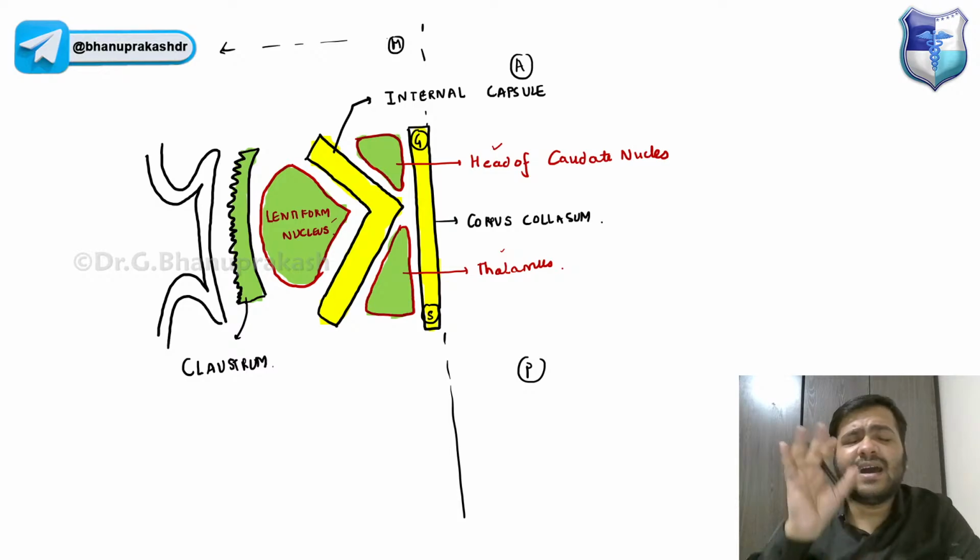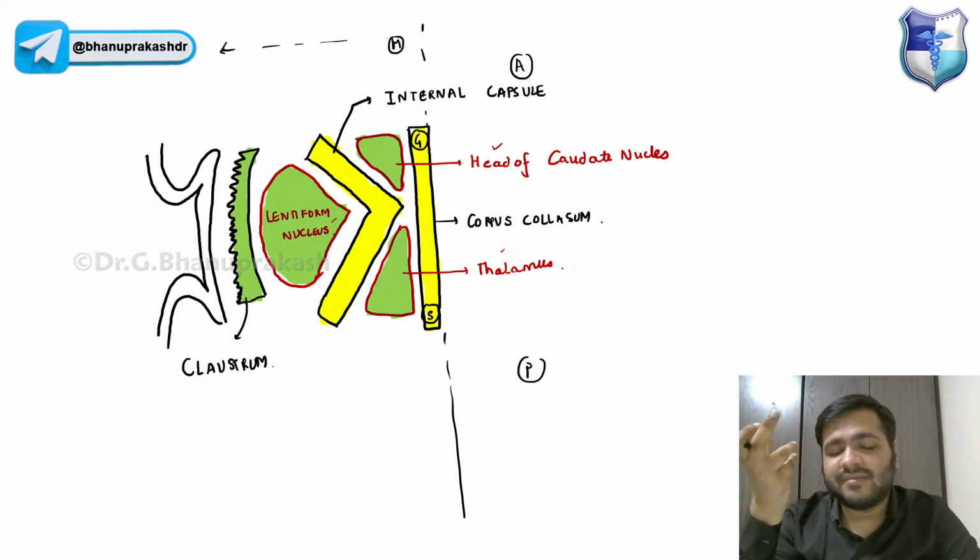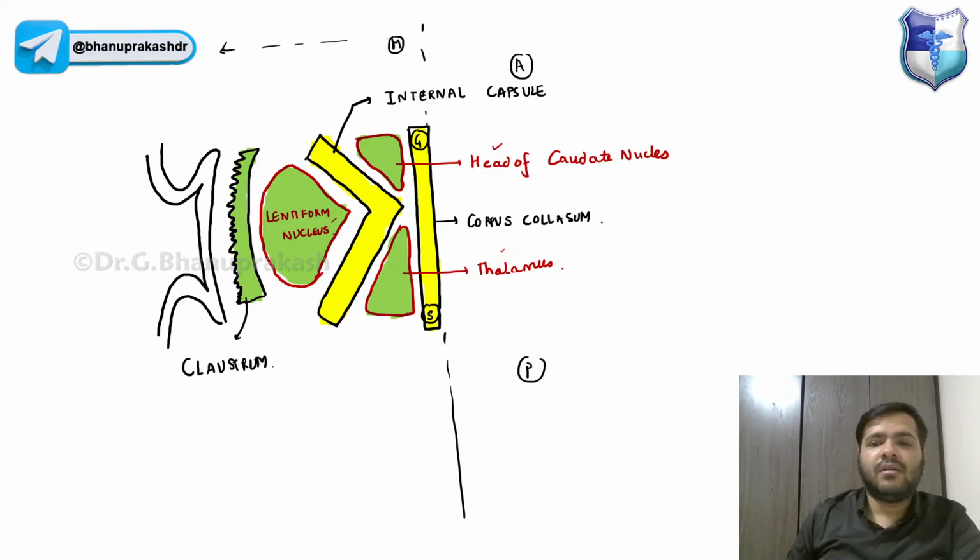Now, unless we open the Sylvian sulcus, we will not be able to see this. So that is the white matter between the claustrum and the insula.